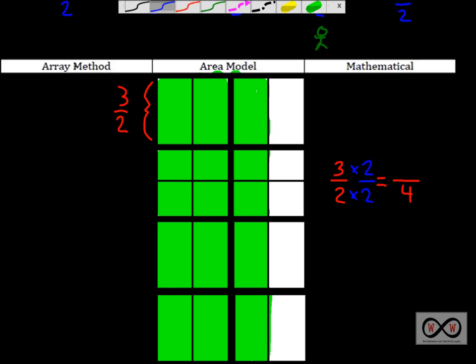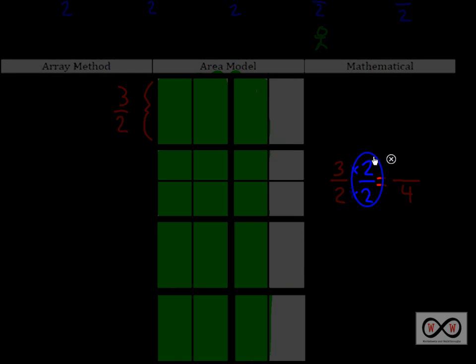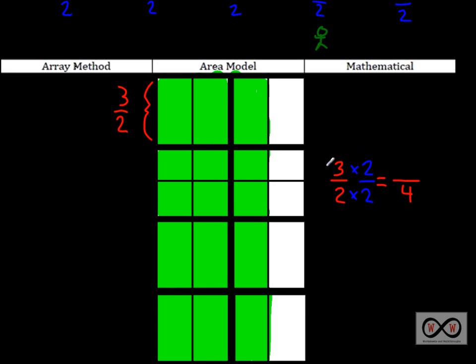Again, you're really multiplying 3 halves times the fraction 2 over 2, which you're probably thinking is 1 whole. So again, you're not changing the value, or how much your fraction represents, at all. Now let's check it out. 3 times 2, you're probably thinking 6. Good for you.